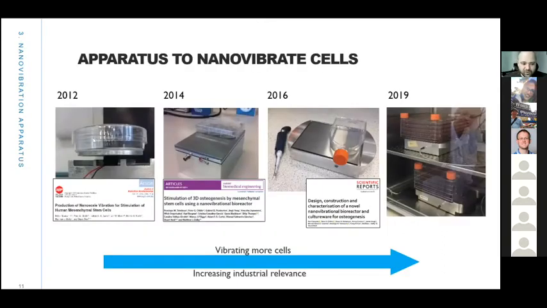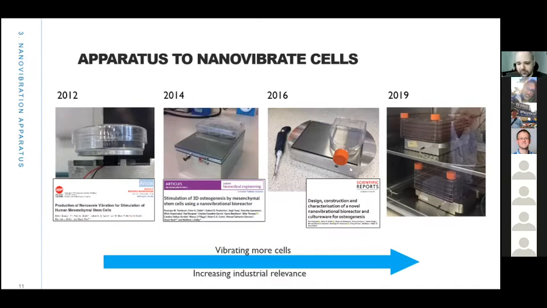So the first apparatus that we developed, well, Stuart developed, was using piezo actuators to vibrate Petri dishes. And since then, we've scaled this up, looking at culture plates and then flasks, using these multi-piezo actuator arrays. And more recently, we've gone on to vibrating even larger cell culture vessels in these multi-layer cell stacks.